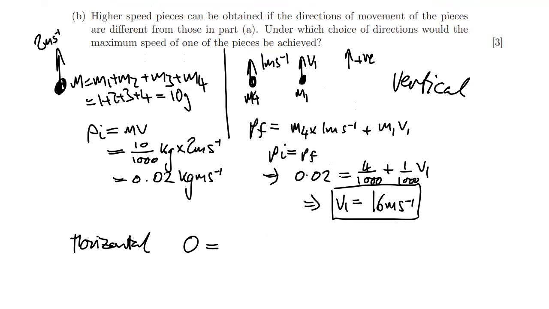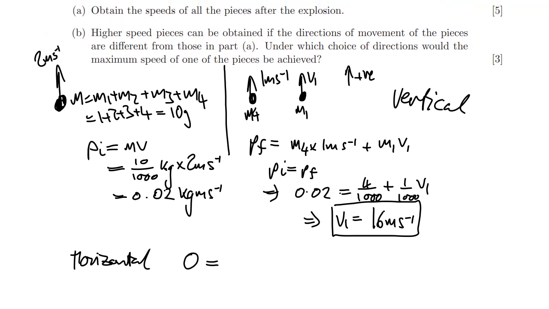The final horizontal momentum will be given by the two masses that move horizontally, m2 and m3. One of them will go this way and one of them will go this way, because that's the only way we can conserve momentum back to 0. So for now, let's not worry too much about the directions. Let's just do the maths.